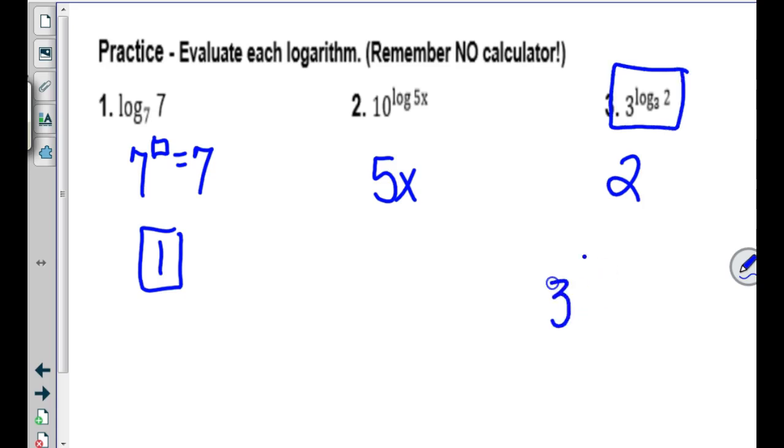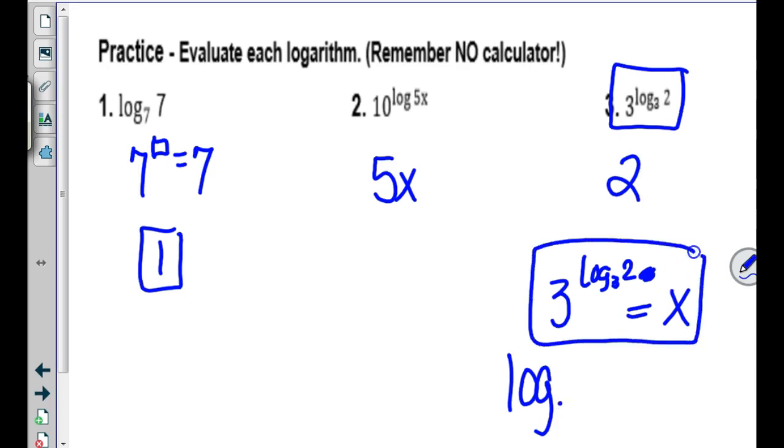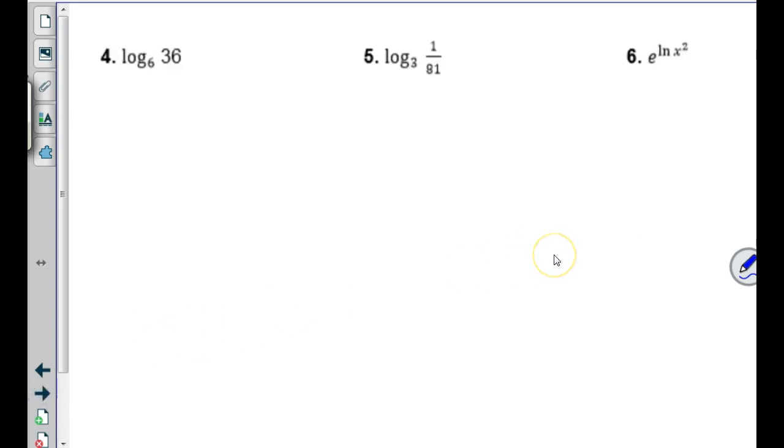Right now it says 3 to some power equals x. If I rewrite that as a log sentence, you'd have log base, what's the base in this sentence right here? 3, of some number equals the exponent. So what does x have to be? 2. Okay. You can always rewrite them if it's not making sense that they cancel out.